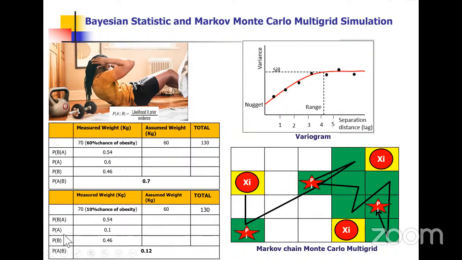Don't forget, the a priori probability here is 0.1, which is just 10%. If you solve that Bayesian equation again, you're going to have 0.12, which is 12%. So it means that even if this guy trained the same, put the same energy like the one that was obese, the chance of the person reducing his weight to 60 will be very, very slim.